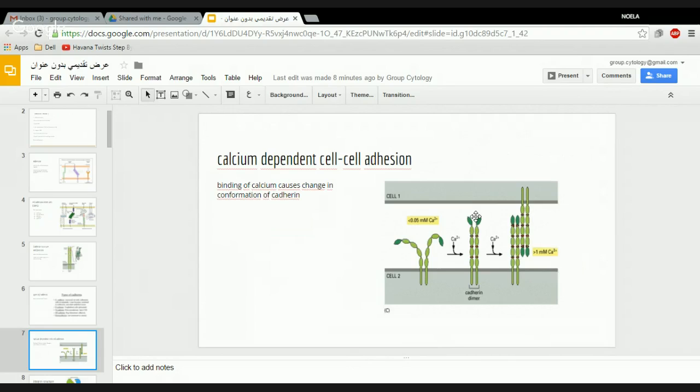The head-to-head contact between cadherin dimers and adjacent cell membranes results in cell adhesion. So when the calcium binds right here, you see it becomes rigid. And if two cadherins from adjacent cells become rigid, then they bind to each other, forming the cell-to-cell adhesion.